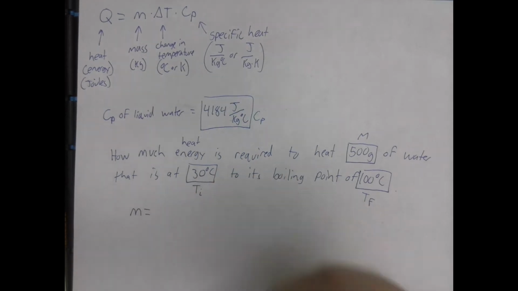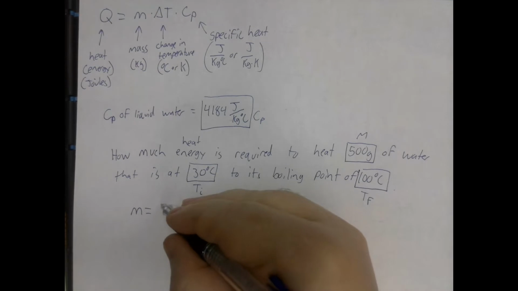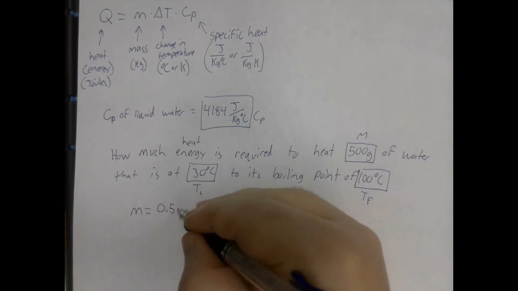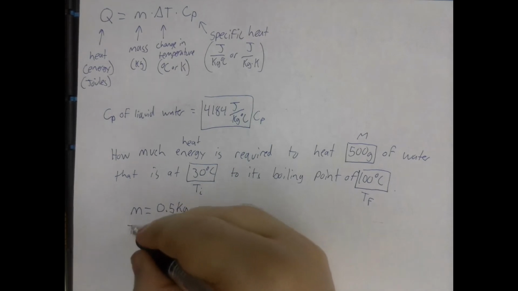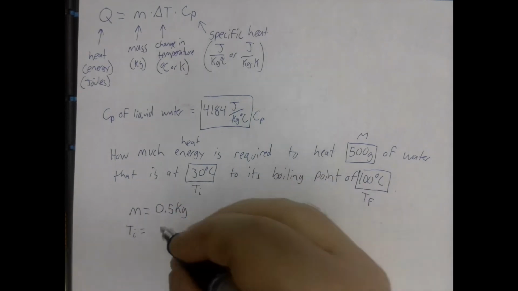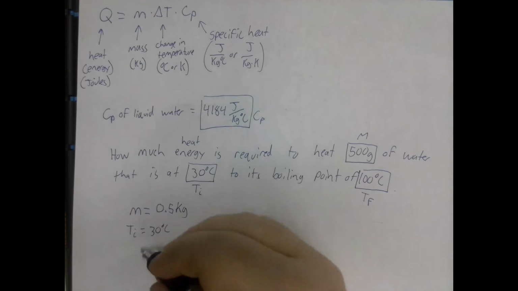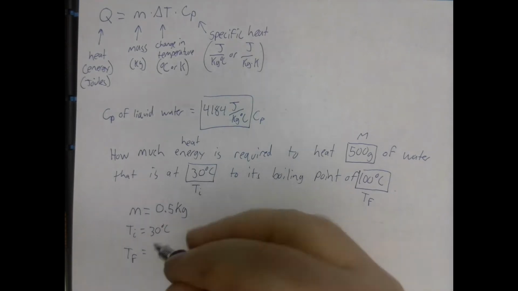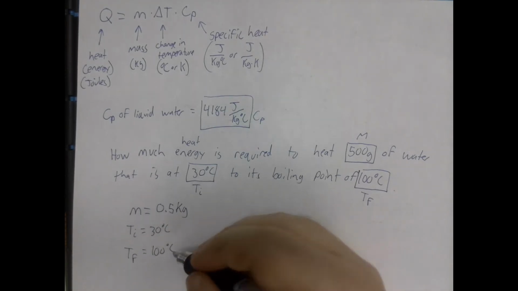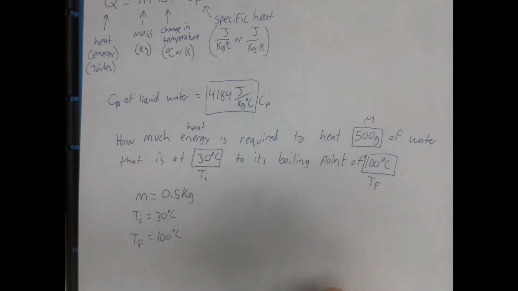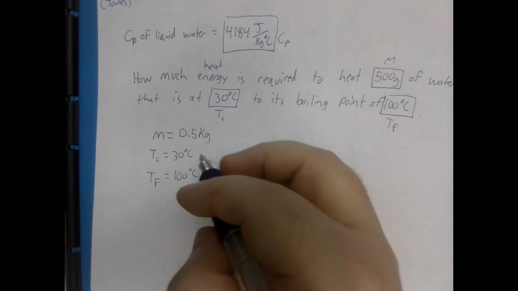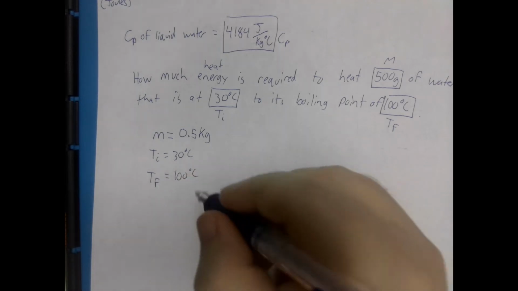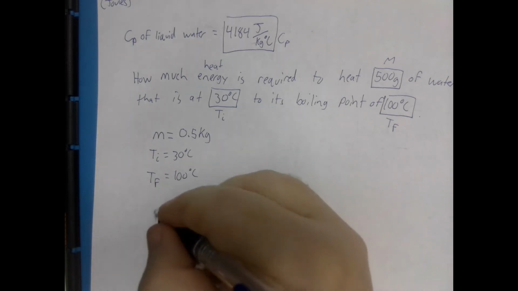So mass, and we need to convert it, is equal to 0.5 kilograms. Our initial temperature is 30 degrees Celsius. Our final temperature is 100 degrees Celsius. Thus, our change in temperature would be just 70 degrees.